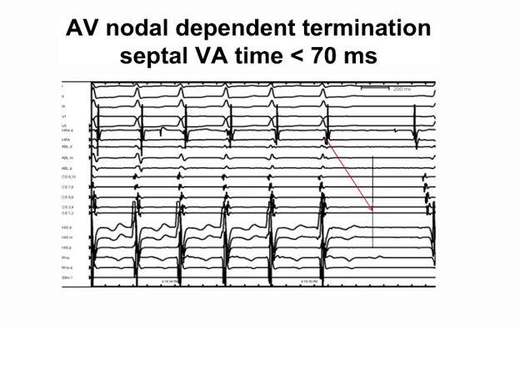This is also pretty much a diagnostic slide here because you get termination of tachycardia with AV block. This is an important observation. And the septal VA time is almost 0 or even negative. So you've got a scenario where you've ruled out orthodromic AVRT by the VA time being so short, simultaneous V and A, and you've terminated tachycardia in the AV node.